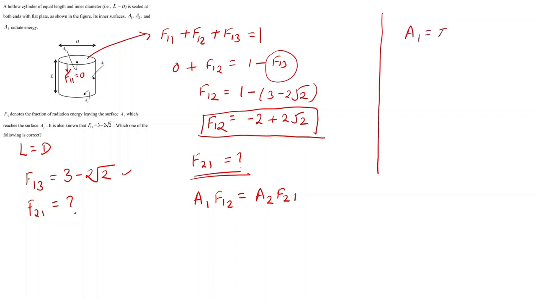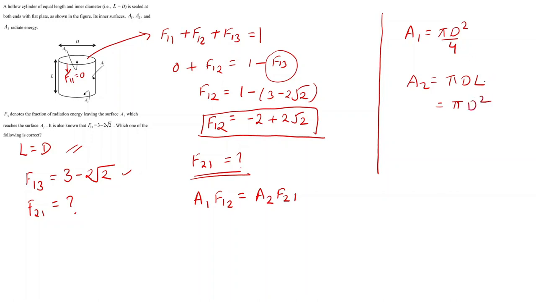So A1 will be given as pi r square, so that we can write as pi d square by 4. Similarly, A2 is this surface, the curved surface. So it can be written as pi d into L. Here, since L is equal to D, we can write this as pi d square.